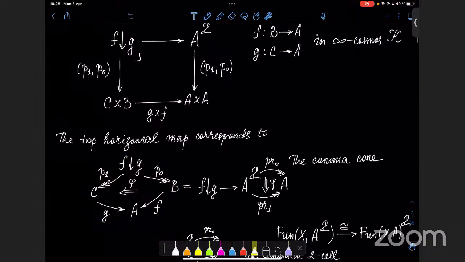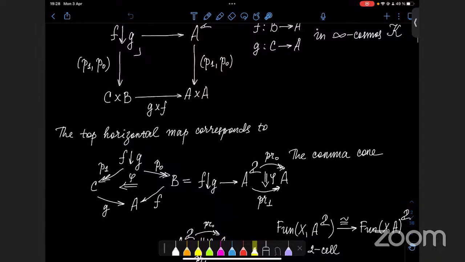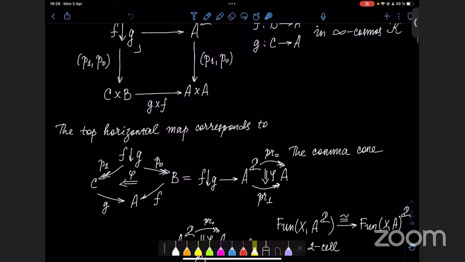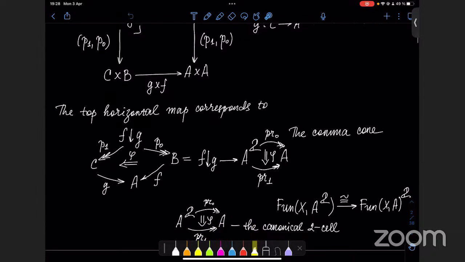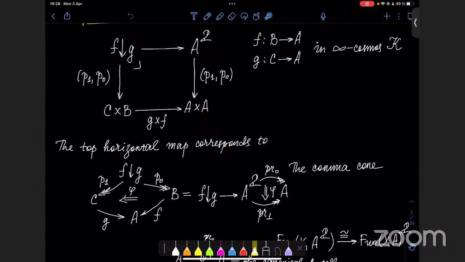This 2-cell is called the comma cone of this comma infinity category. Sometimes I will use this symbol, or in some cases I will use the following notation like this. So I'll write from F to G.